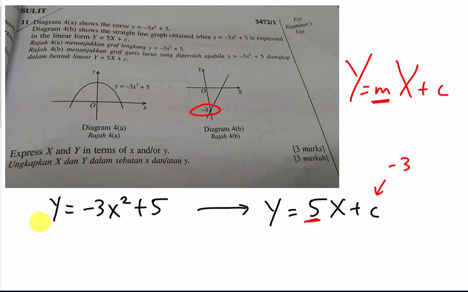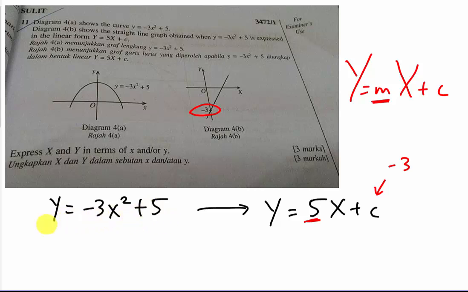For my first equation, the curve equation here, I see I have negative 3 over here, and I have 5 over here as well. So what I will do first is try to make negative 3 a constant value. When I say I make negative 3 a constant value, it means I do not want any x or y beside the negative 3. My first idea is maybe I can divide every term by x squared.